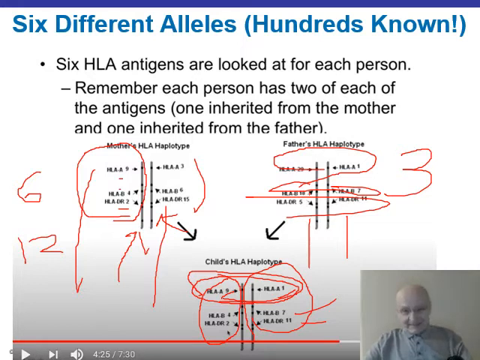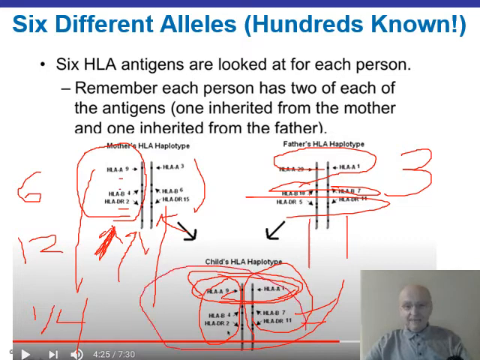But for your siblings, it's not that unlikely, because your siblings are going to get these same things, right? And so you have about 1 in 4 chances of having a sibling who's going to have this same haplotype that you have.